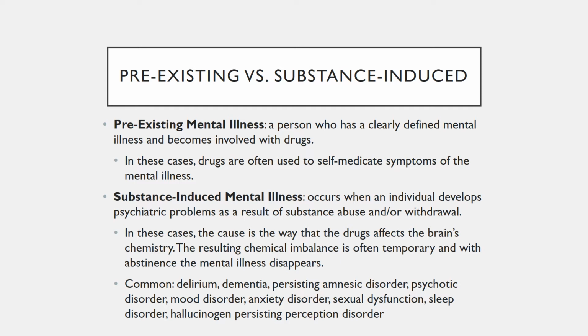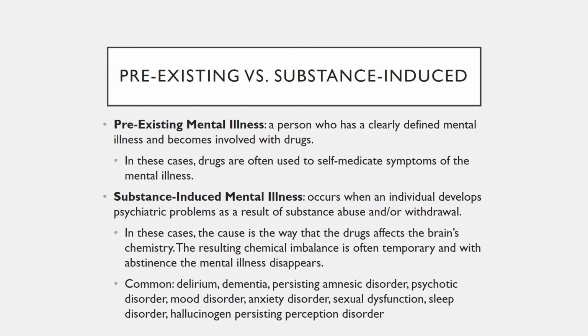The second, though, is a substance-induced mental illness, and this occurs when an individual develops a psychiatric problem as a result of their substance abuse or withdrawal from those substances. In these cases, the way that the drug is affecting the brain's chemistry is creating a chemical imbalance that may often be temporary, and with withdrawing from the substance, that mental illness can disappear.